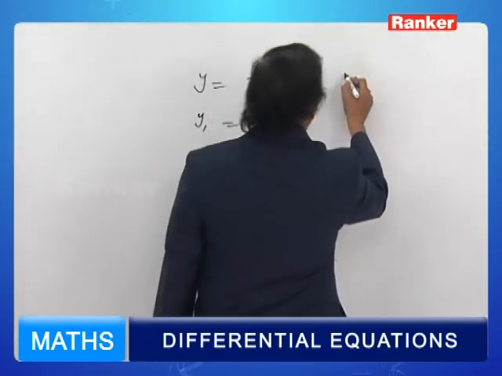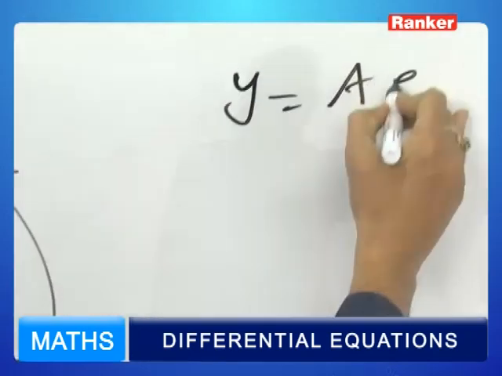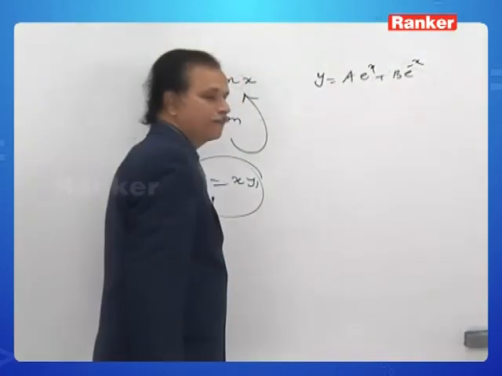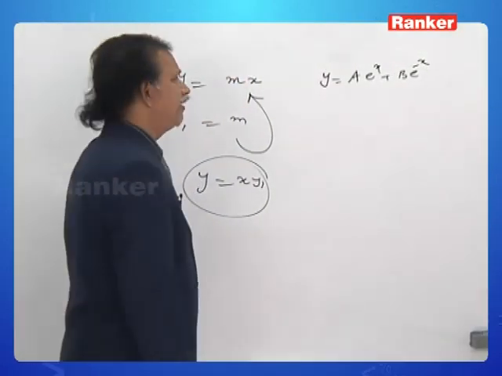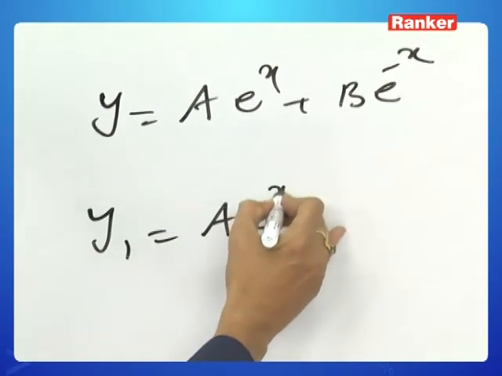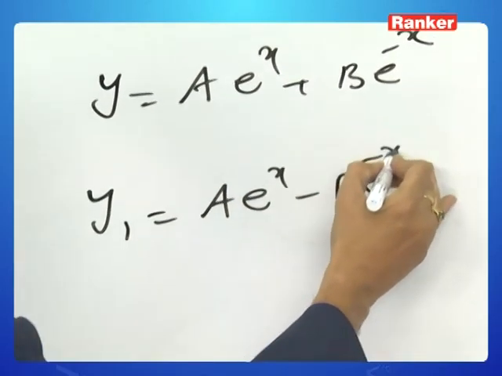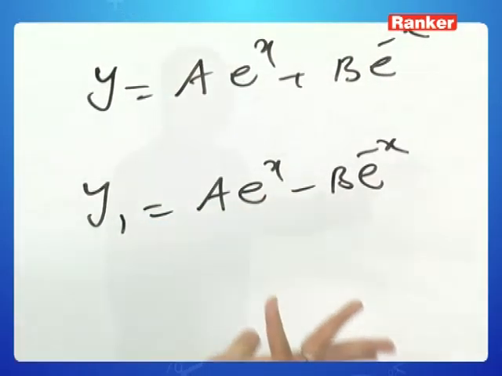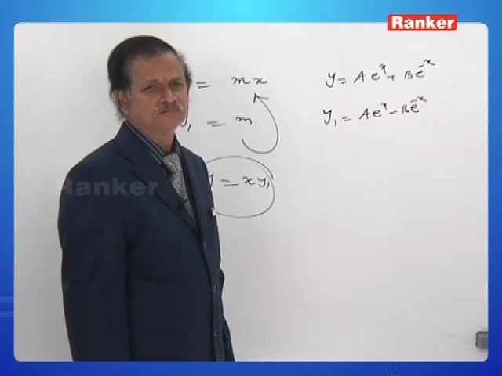One more thing, suppose y is equal to a into e power x plus b into e power minus x. Differentiate with respect to x on both sides. a e power x minus b e power minus x. Again, the constants a and b are appearing.